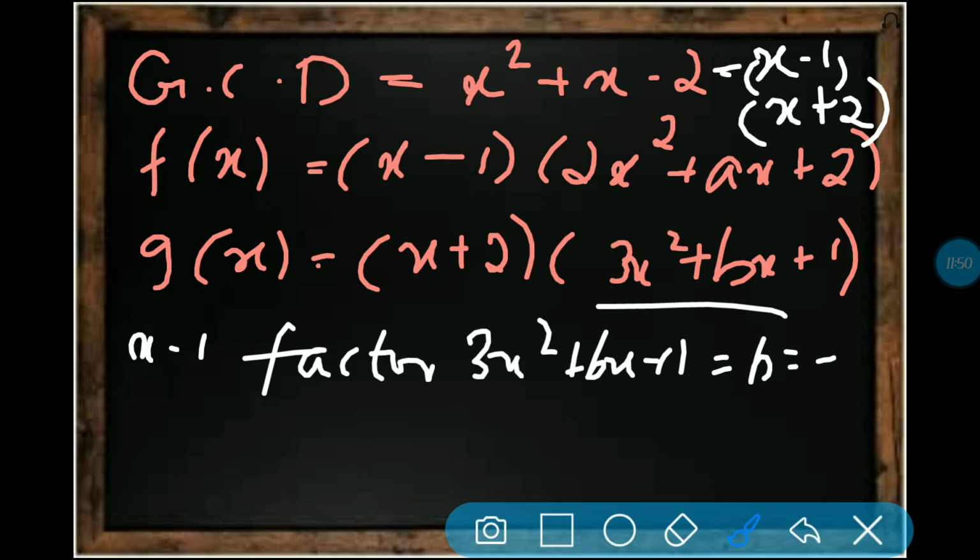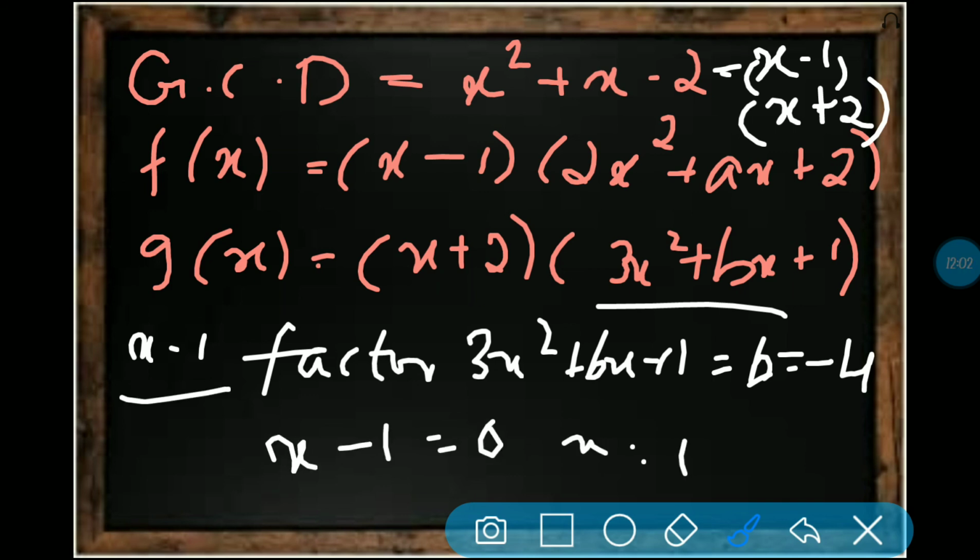How did we get b equal to minus 4, you are thinking, right? Very simple. x minus 1 means x minus 1 is equal to 0, x is equal to 1. Wherever x is there, you substitute 1. Then you will get the value of b.